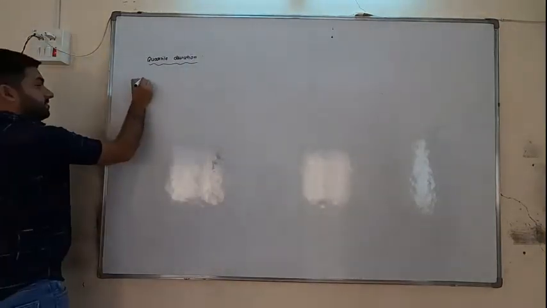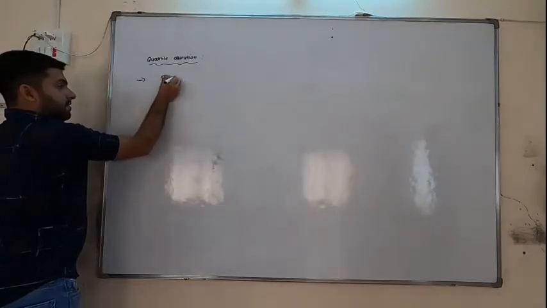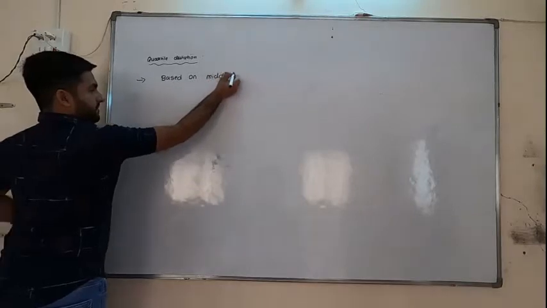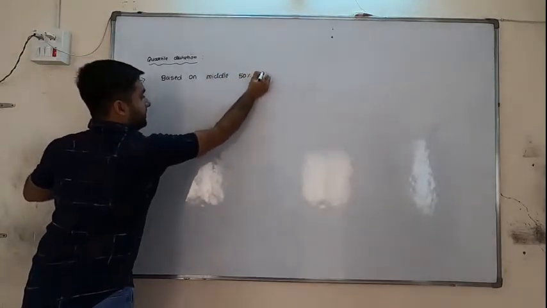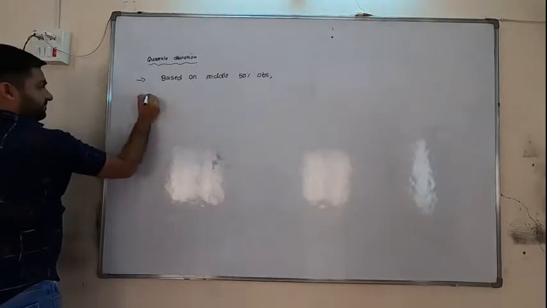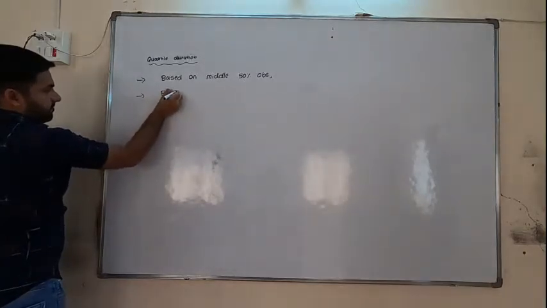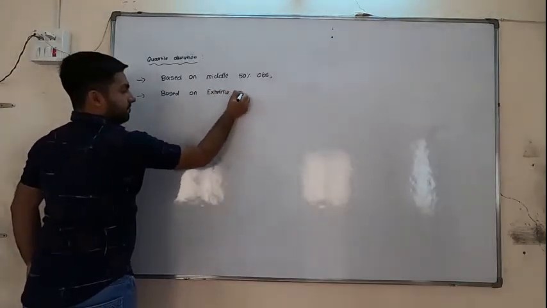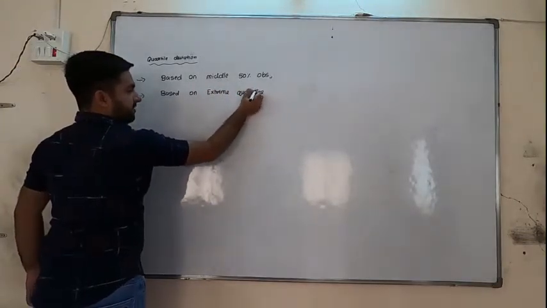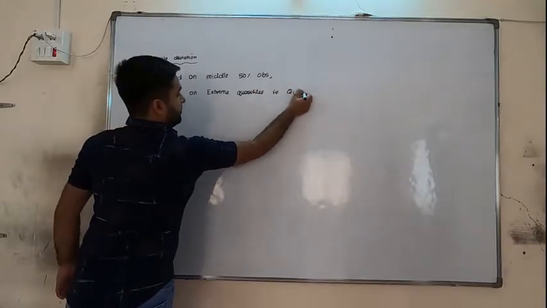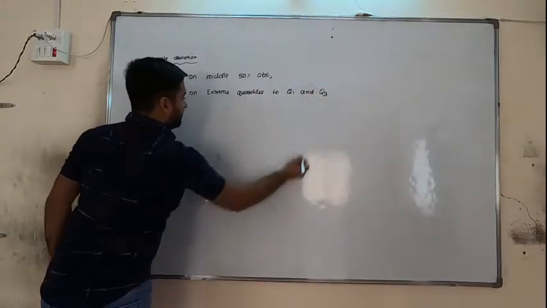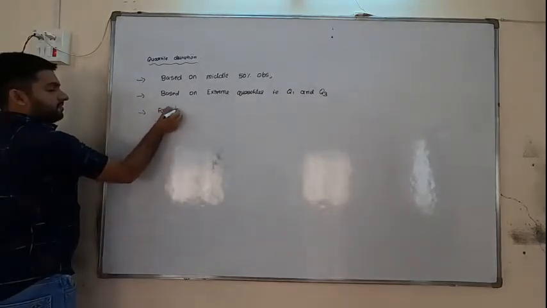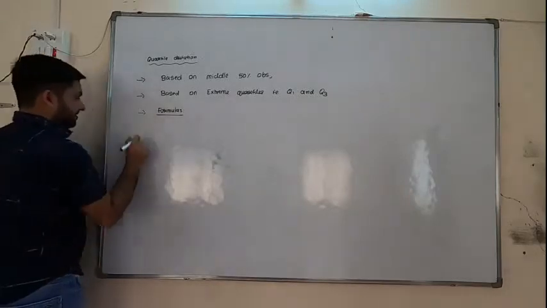We will write: based on middle 50% observations, based on extreme quartiles, that is Q1 and Q3. Now we are writing formulas. Okay.